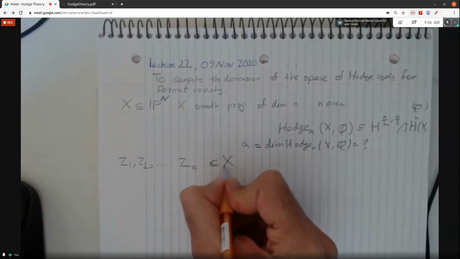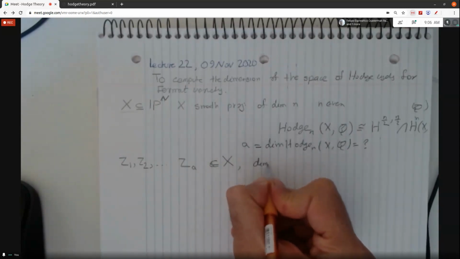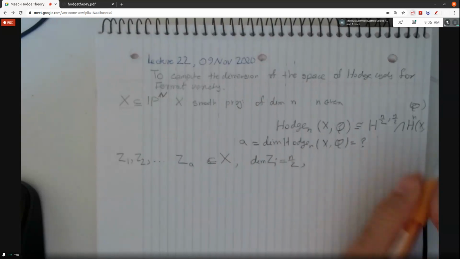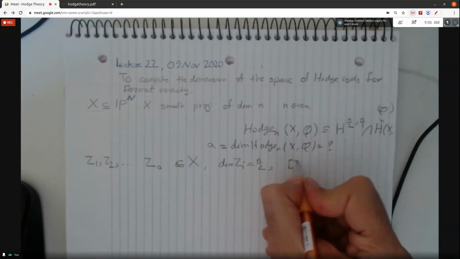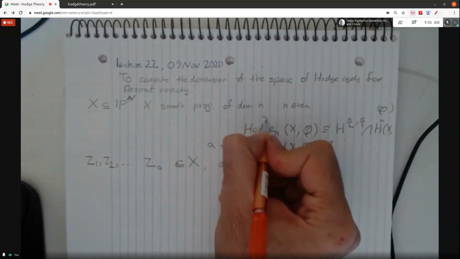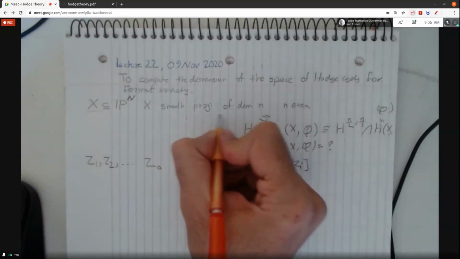These are algebraic cycles in X, so the dimension of Zi is n over 2, and for this reason they induce elements in the homology, and at the end of the day this is inside homology.